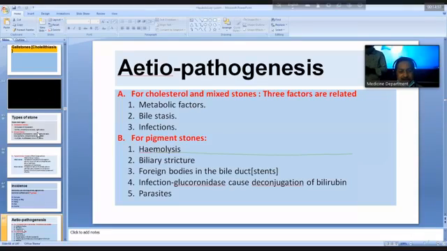So in any way, if there is excess formation of the cholesterol, cholesterol and mixed stone formation is related to metabolic factors, bile stasis, and infection. And for pigment stone, the factors related are hemolysis.